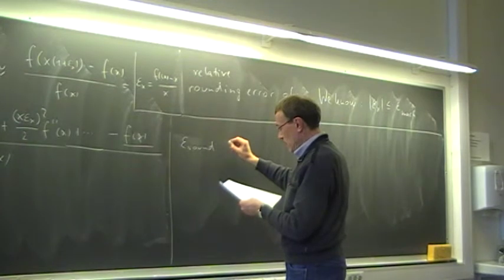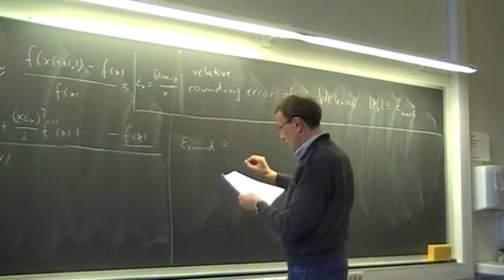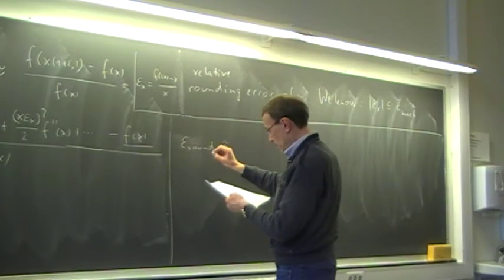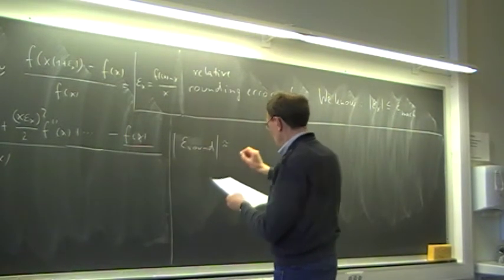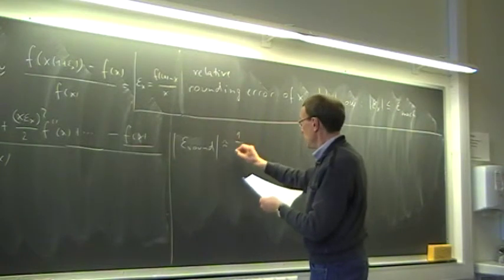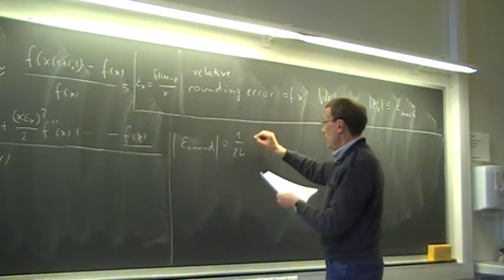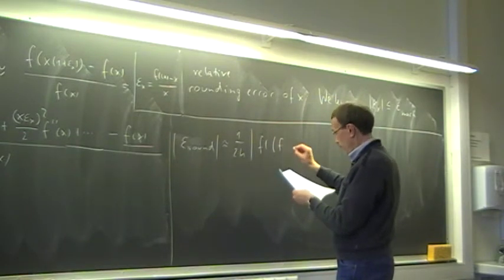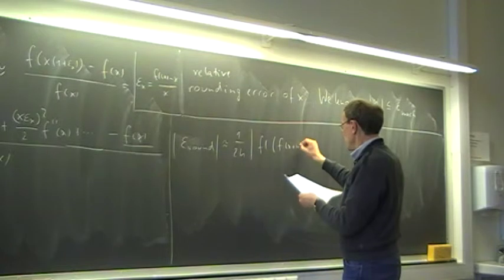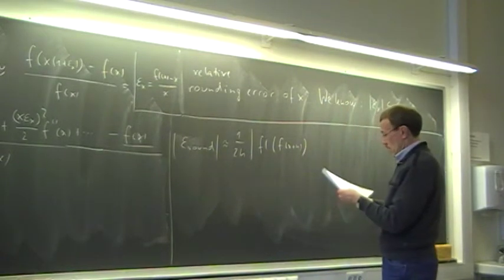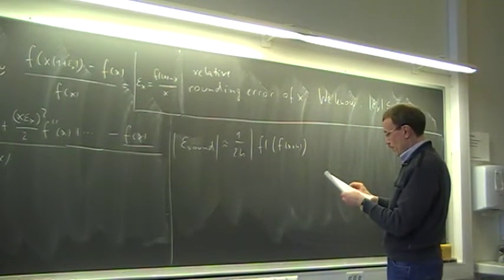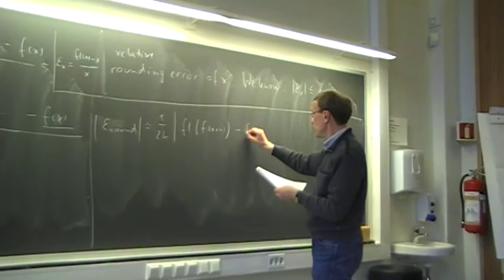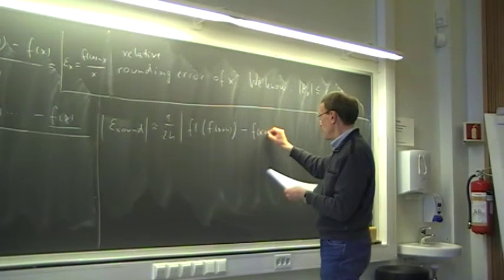And then again we make the approximation that we look at the absolute value. We have the 2h, and we just look at the floating point of f of x plus h, and then to get the error we have to subtract the correct f of x plus h.